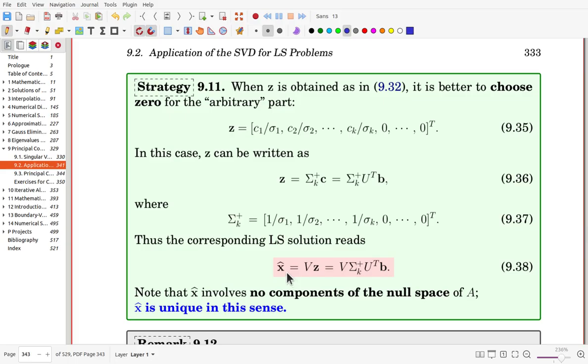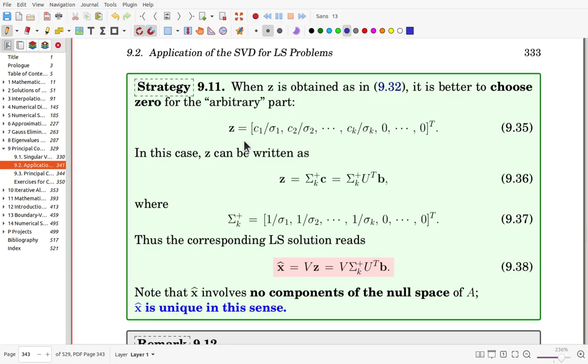The x hat involves no component of the null space. This portion is the null space. You can choose arbitrarily, but we choose 0, which means that we exclude the null space components of A. So there is no null space component involved in this solution.